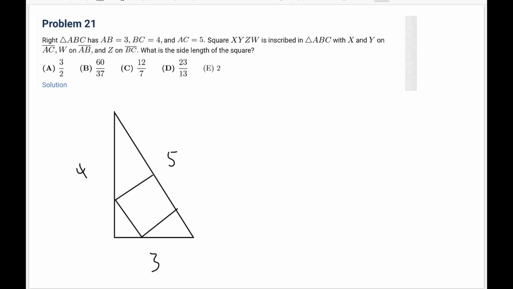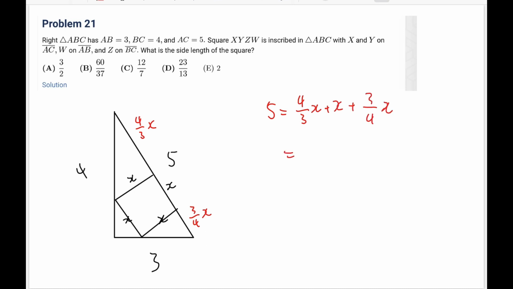We need to make this x. Let's say the side is x, and then this side would be 3 over 4 x. This side would be 4 over 3 x, and then this whole side is 5, right? So it would be 5 equals 4 over 3 x plus 3 over 4 x.